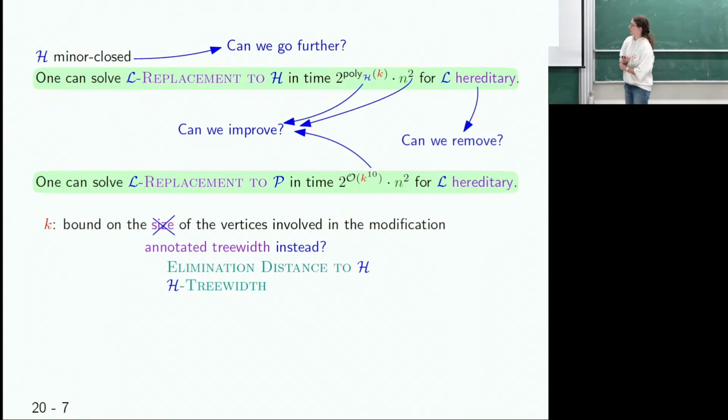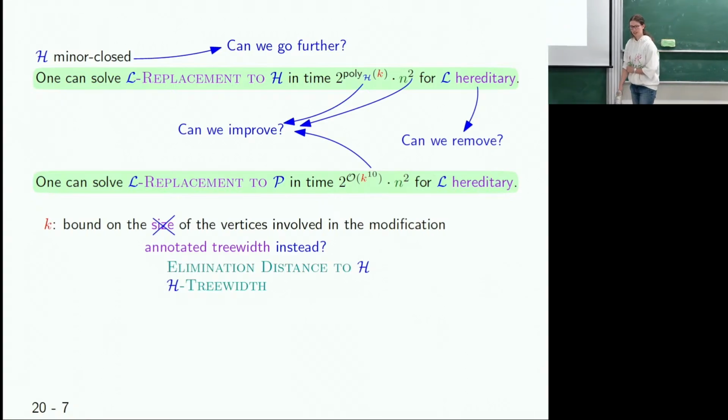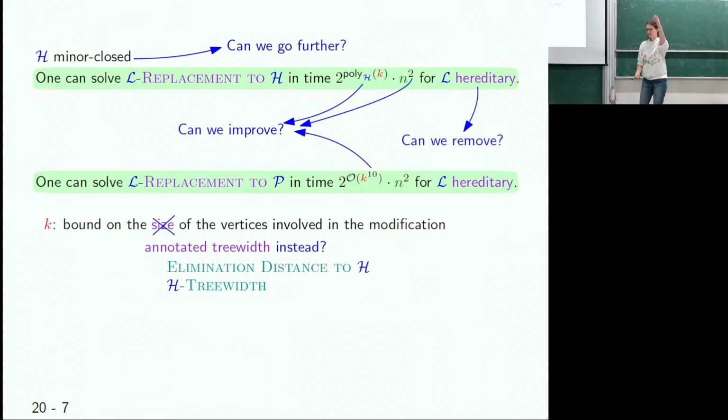Actually, the irrelevant vertex technique works up to bounded annotated treewidth, so it would still work. But the branching doesn't work, because in what we did, each time you remove a vertex, you know that the depth is bounded by the number of vertices modified, but here the number of vertices is unbounded, so we cannot use this.